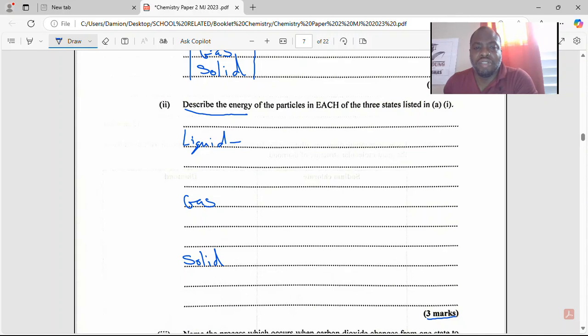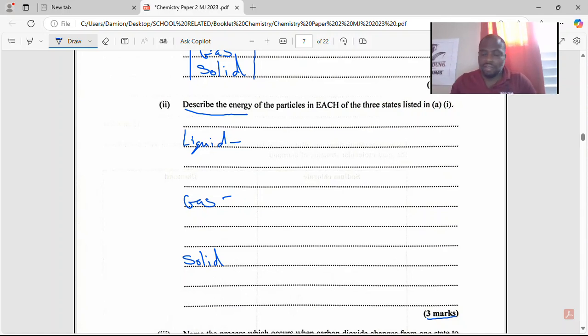So comparing it to solid, the particles will have more kinetic energy, right? And Miss mentioned that they would have been able to slide past each other. What would you say about gas then if you use that?